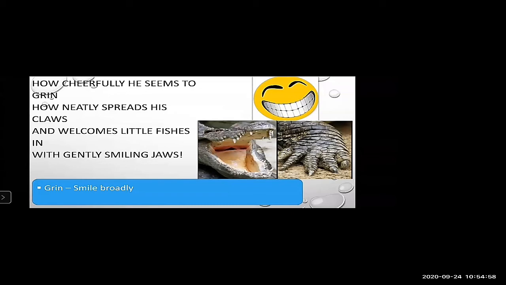And he's sitting, spreading his claws neatly. Claws are the feet of the creatures. You can see the picture of his claws on your right hand side. So the crocodile is spreading the claws and he's sitting comfortably on the banks of the river, waiting over there and welcomes little fishes in with gently smiling jaws.